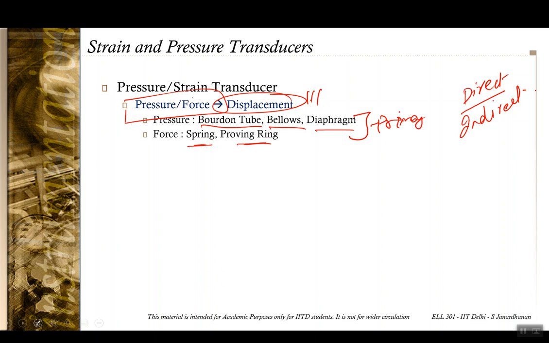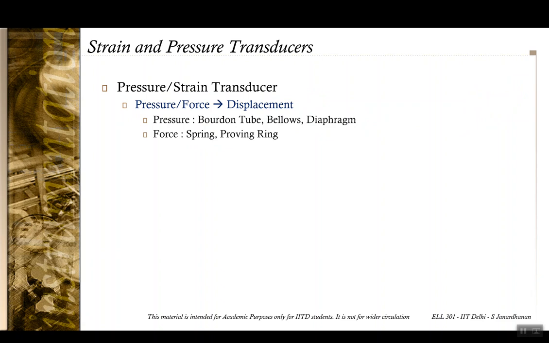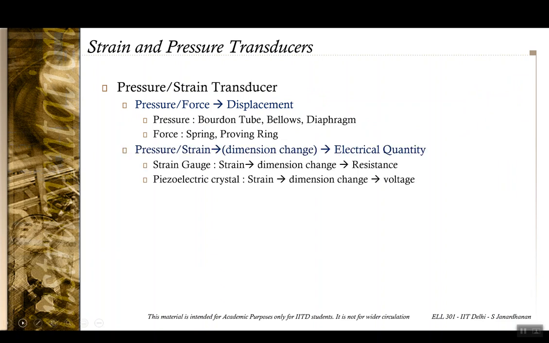On the other hand, you can also have cases where there is an intermediate step of transduction. Here the pressure being measured causes a dimension change in the transducer, and this dimension change is again translated to an electrical quantity.